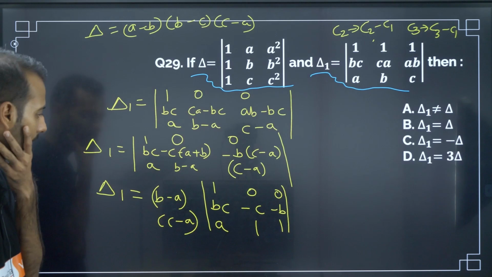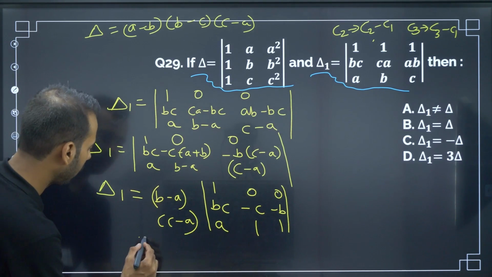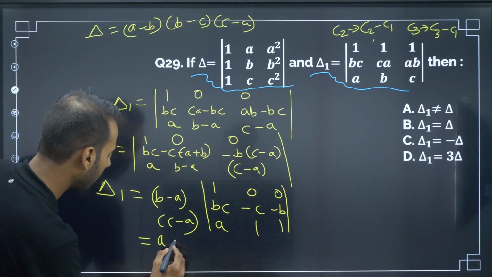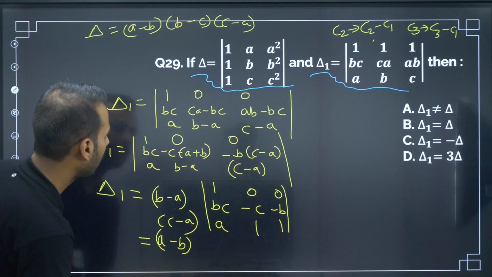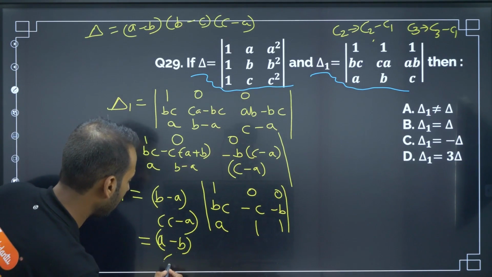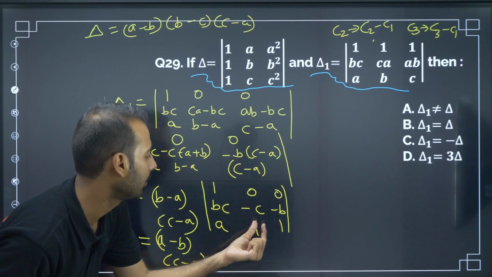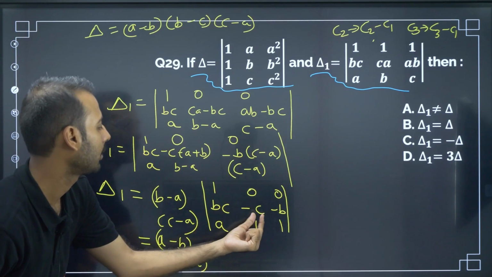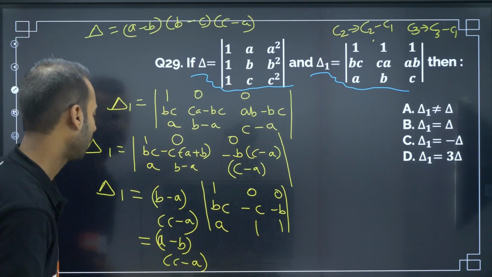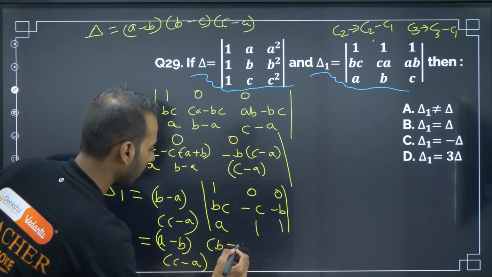Now if I try to simplify, here I am left with A minus B, here I am left with C minus A.